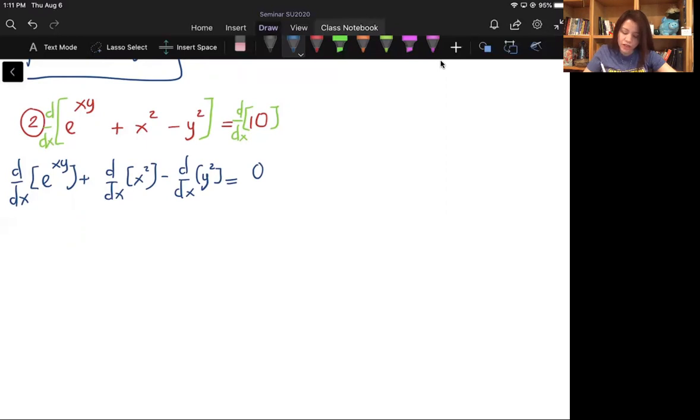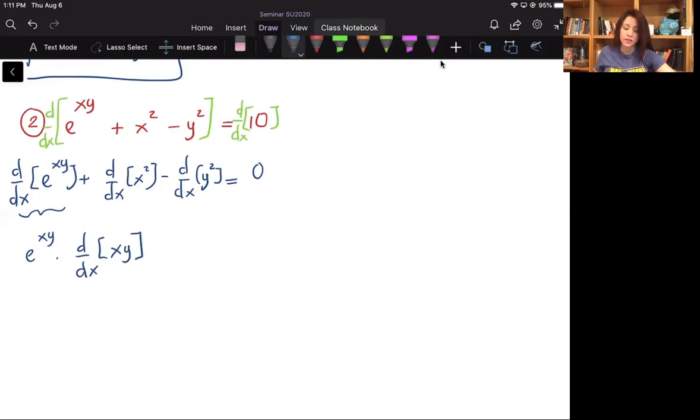Now again, whenever you take the derivative with respect to x of a term that has y in it, we need to use the chain rule, right? So for the first term, the derivative with respect to x of e to the xy is e to the xy times the derivative of the inside, d/dx of xy.